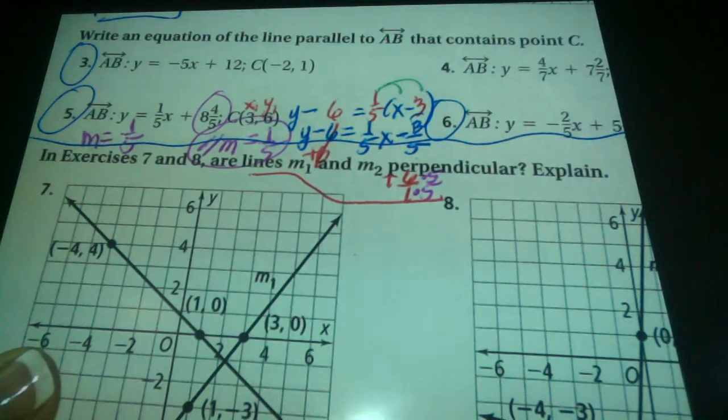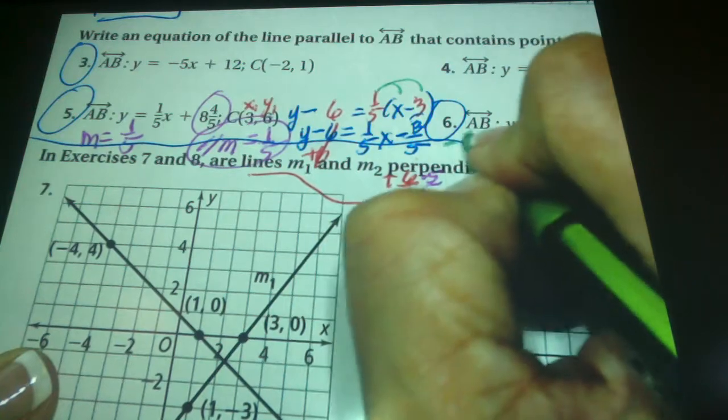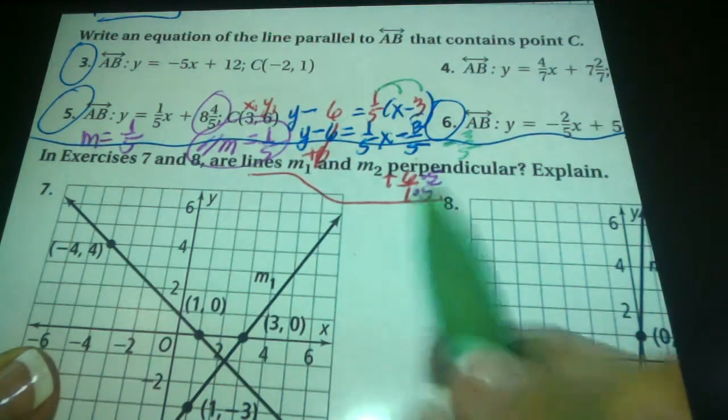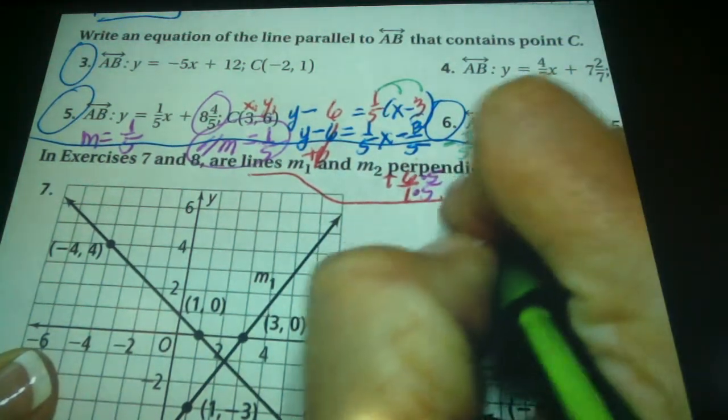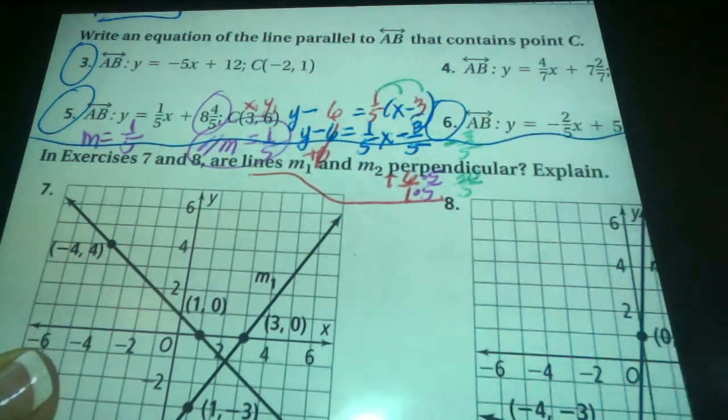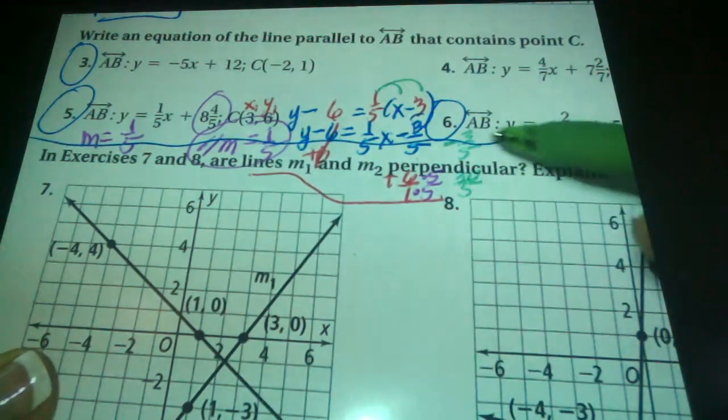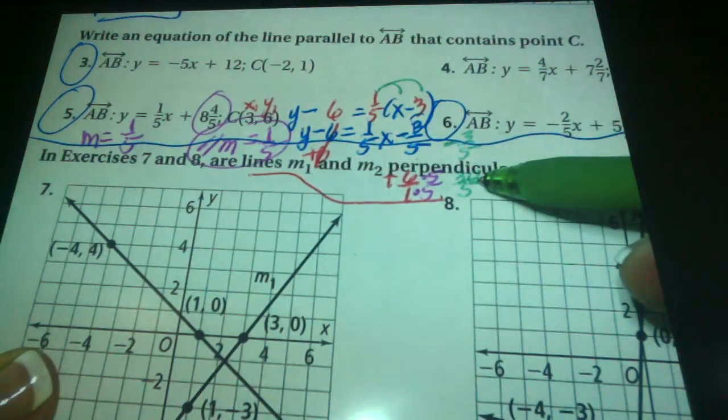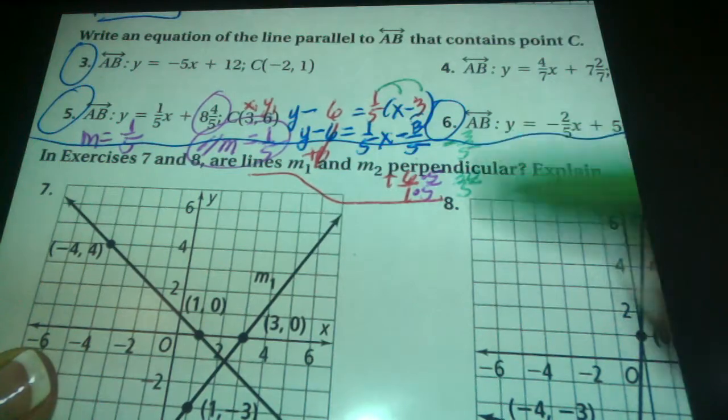So right here I have a negative 3/5, and this gives me a positive 30 over 5. Don't reduce. So I have a negative 3/5 and a positive 30 over 5. What does that give you? 27, subtract, right? 27 over 5.